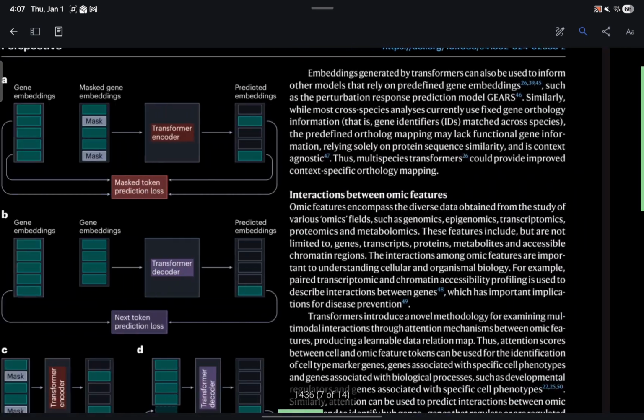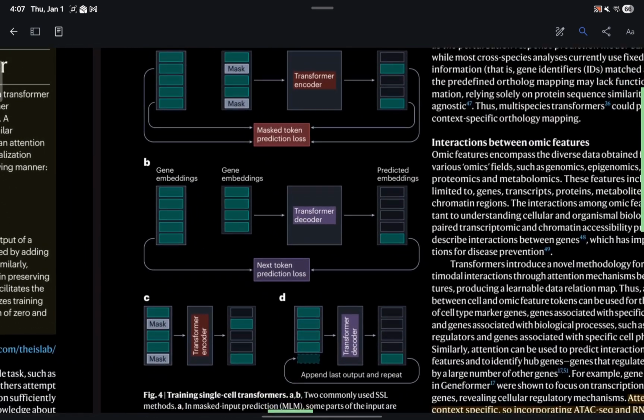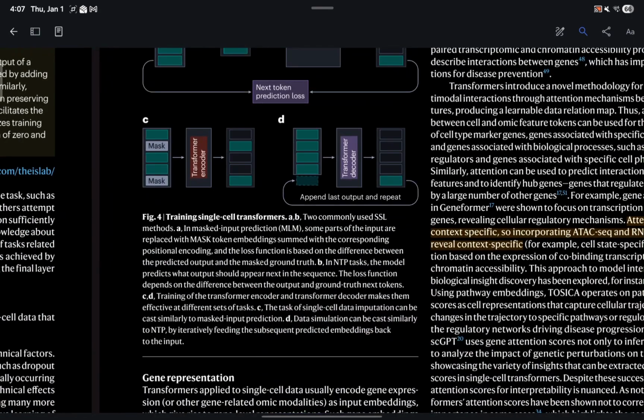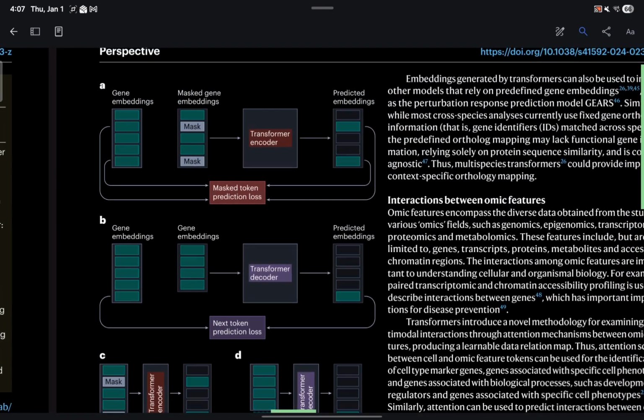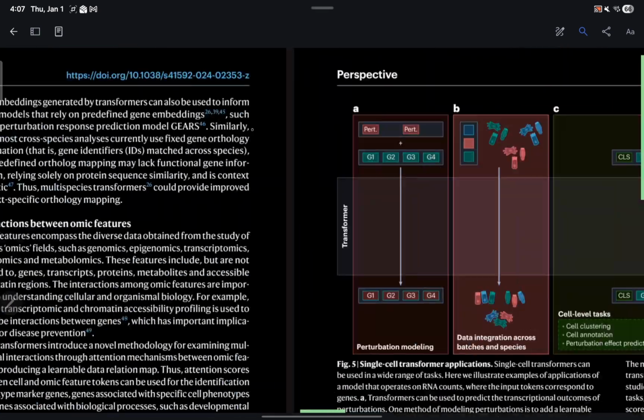And by encoder decoder, I mean this thing that we have here. In A, we have the masked input prediction, which basically makes our encoder, and in B we have our decoder in the transformer architecture.